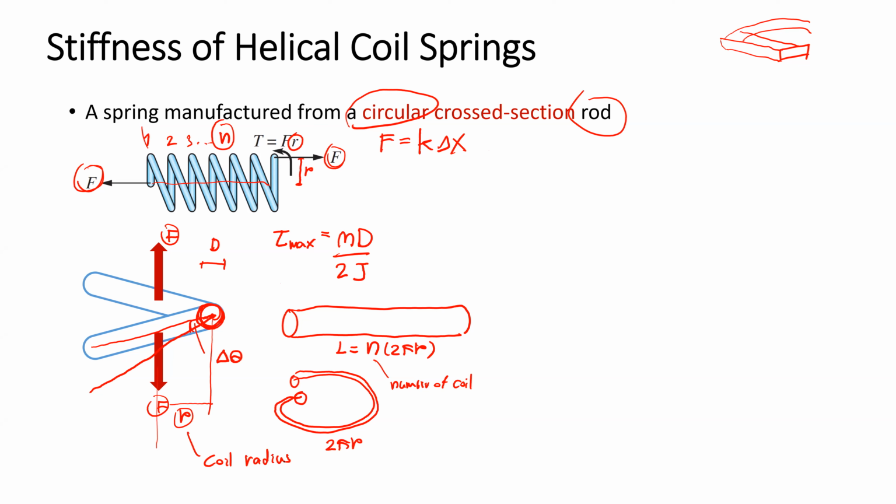And we create the shear deformation. We try to twist the rod to create shear deformation.